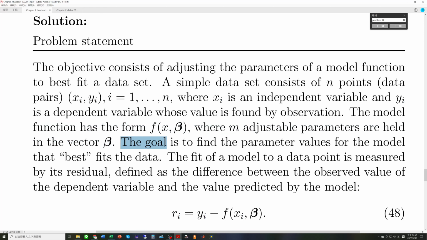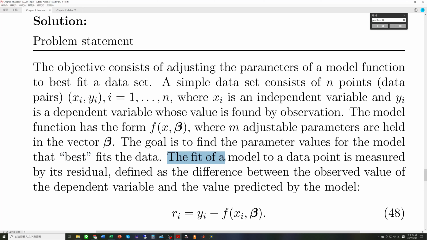The goal is to find the parameter values for the model that best fit the data. But what is the meaning of best? We will explain it later.